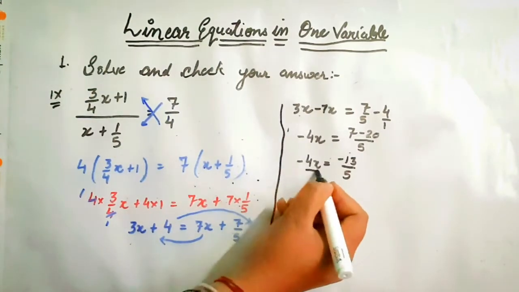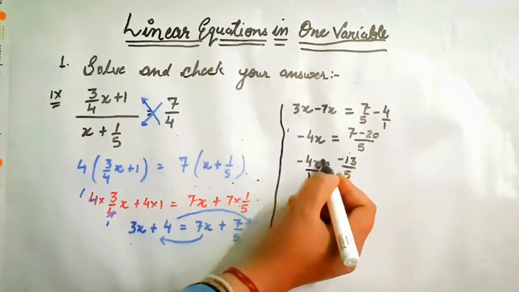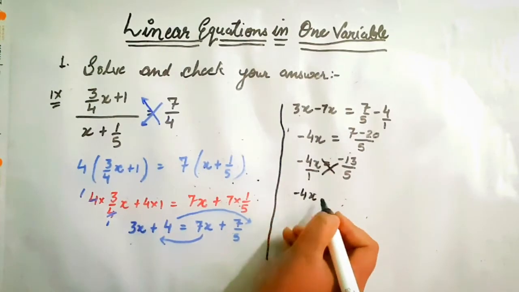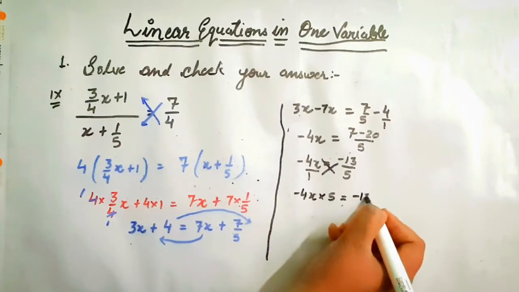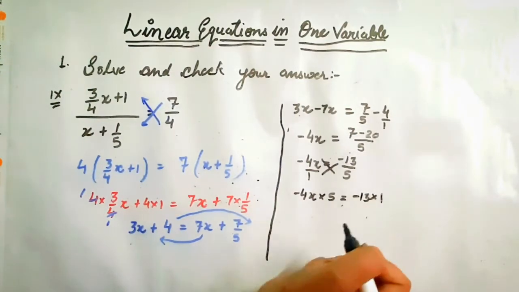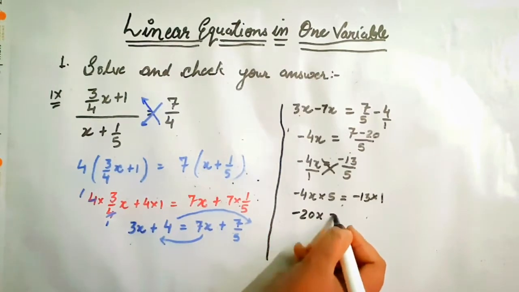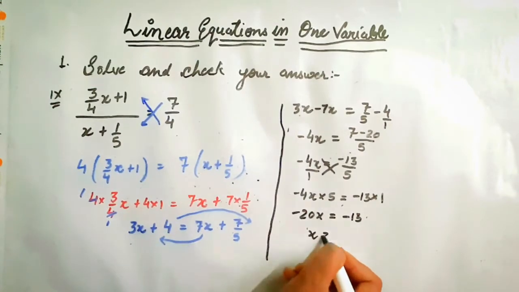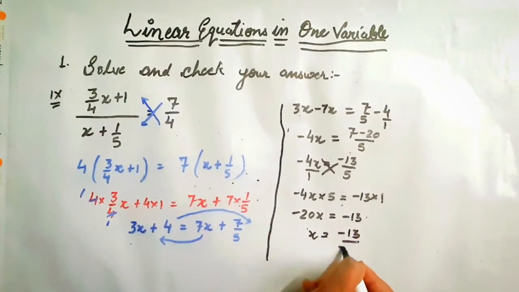Again the same thing is there, the left hand side and right hand side both are in the form of p upon q. You can cross multiply again. So minus 4x multiplied by 5 will be equal to minus 13 multiplied by 1. 4 5s are 20, minus 20x equals minus 13, and x will be minus 13, take 20 to the right side, it will go and divide upon minus 20.